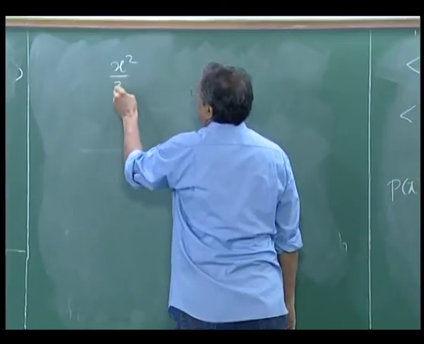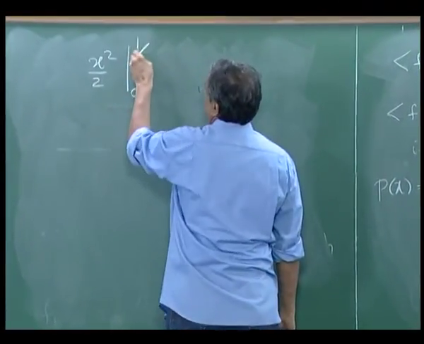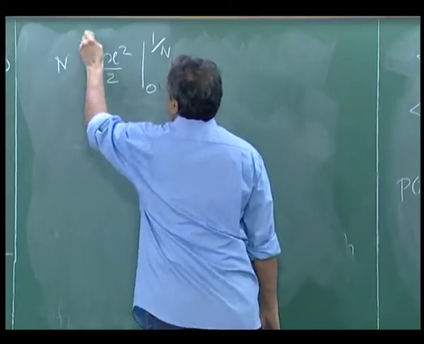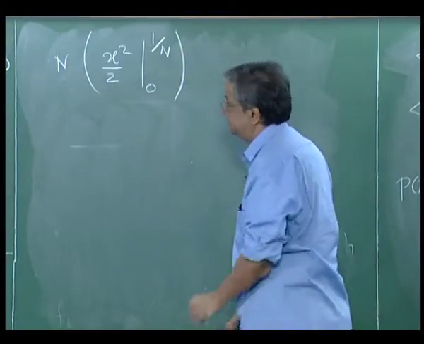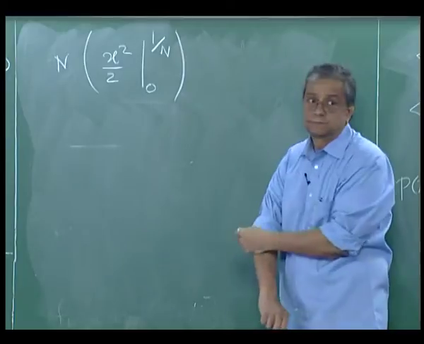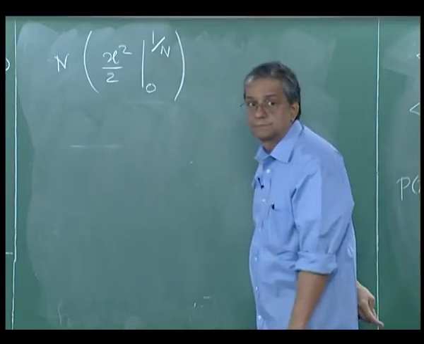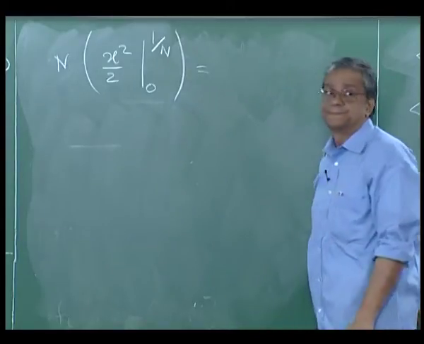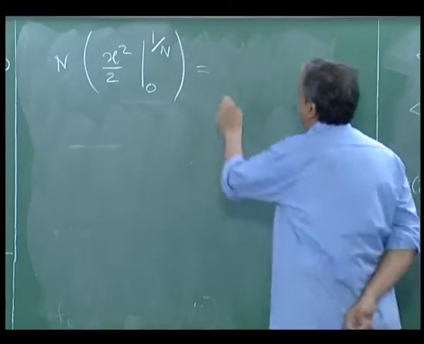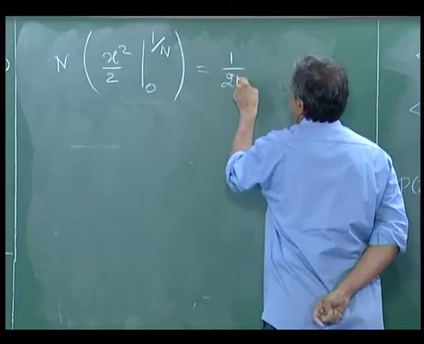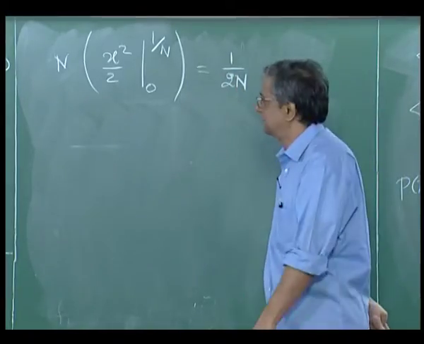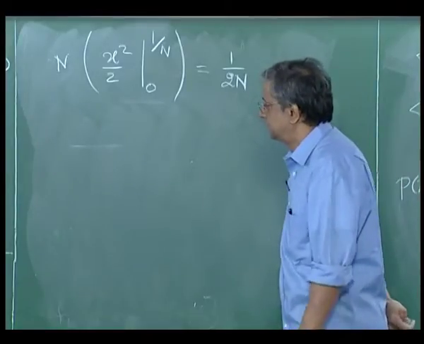That is x squared by 2, from 0 to 1 by n, times n. Gives me 1 by 2n. Okay, so we have a general expression, and for n equal to 3, 1 by 6, everything works out. We have a general expression 1 by 2n.